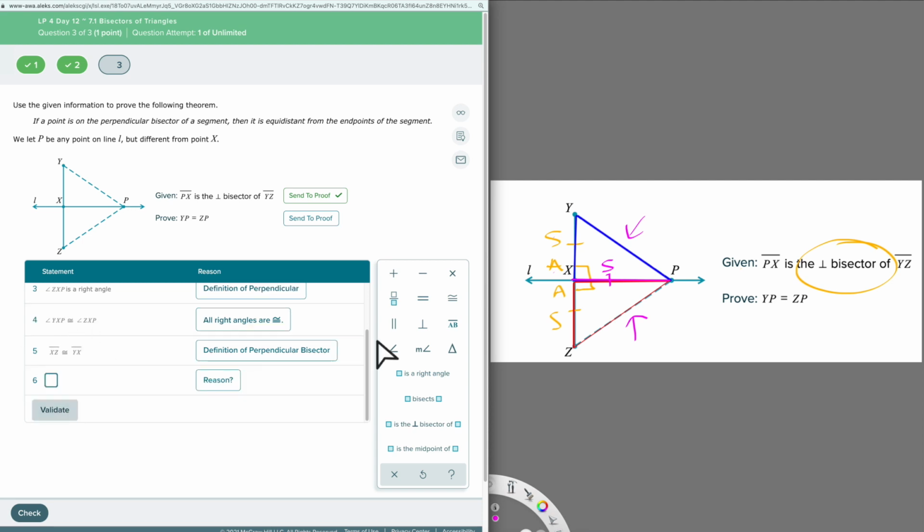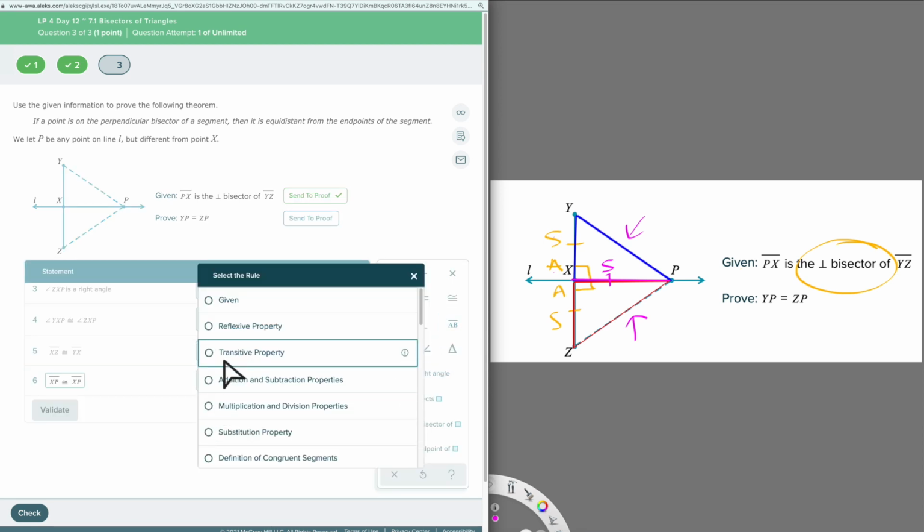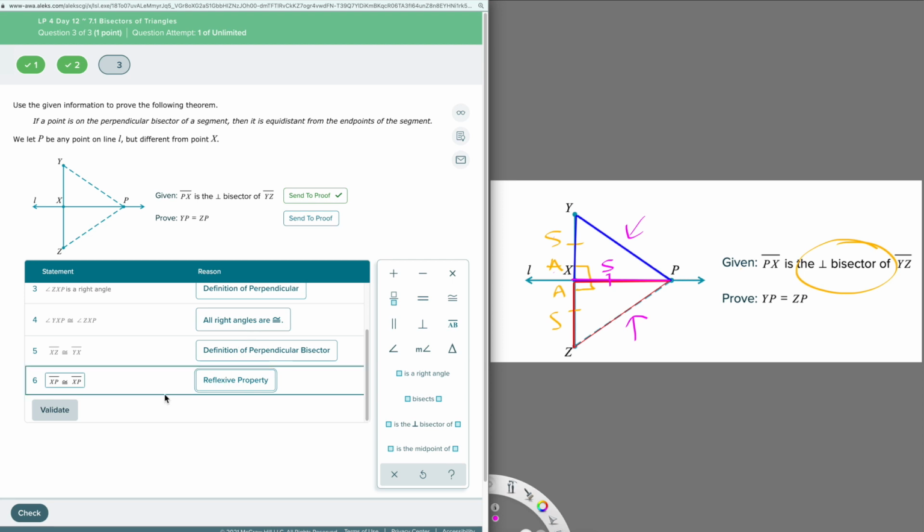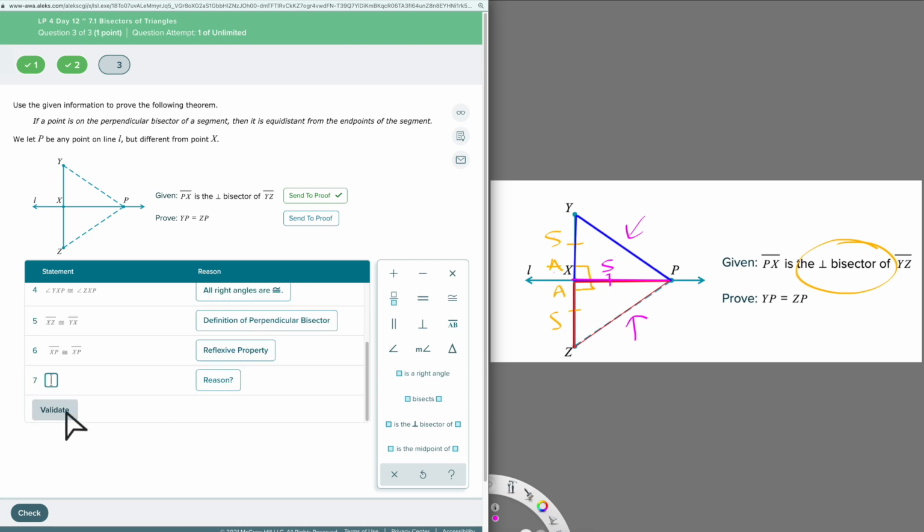So now I have angle and side. I need to do this last side. So I have XP is congruent to XP, and the reason for that is it's just the reflexive property. Anything is equal to itself, but I have to state it in the proof so that I have that side angle side.